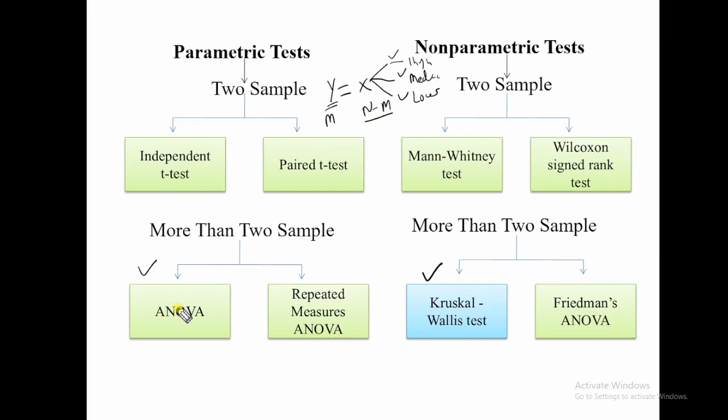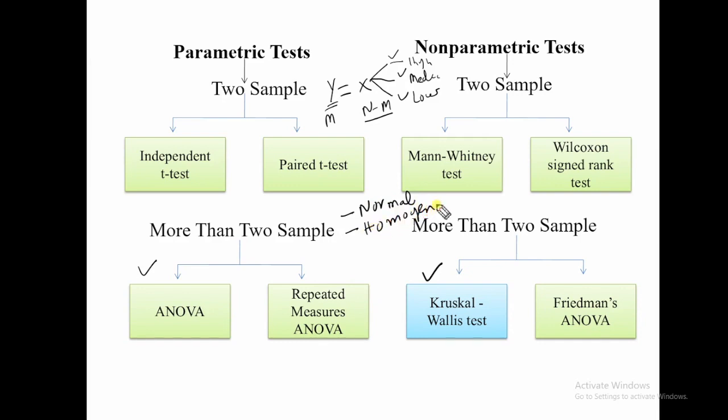So when we want to compare several means, we use analysis of variance. Before applying it, we check the assumptions of the parametric test, which means data should be normally distributed and data should be homogeneous.